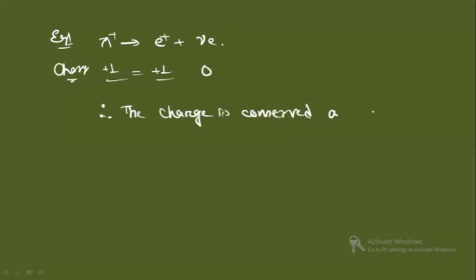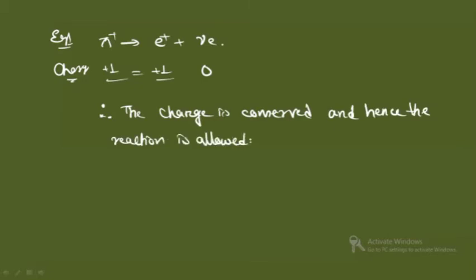We know neutrinos are massless particles, so its charge is 0. Now if you see, in the left hand side it is +1, in the right hand side also it is +1. That means it is equal. So the charge is conserved, and hence the reaction is allowed.